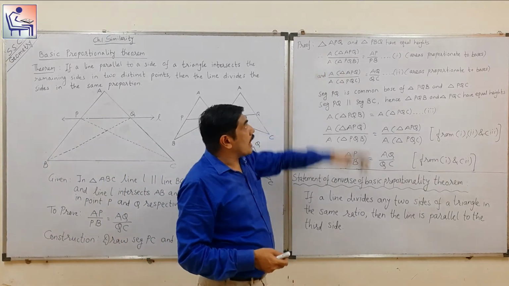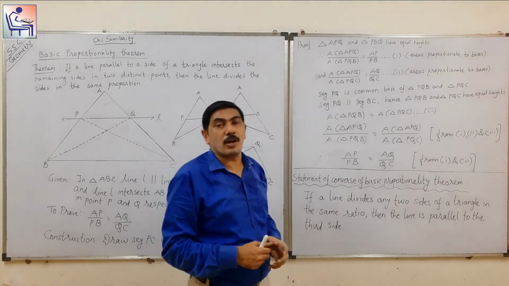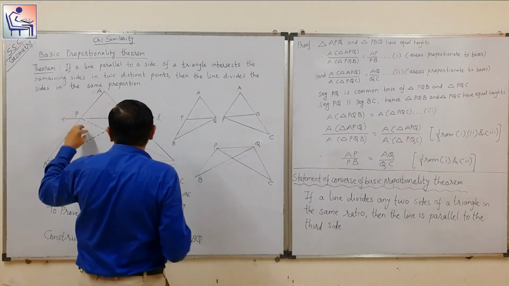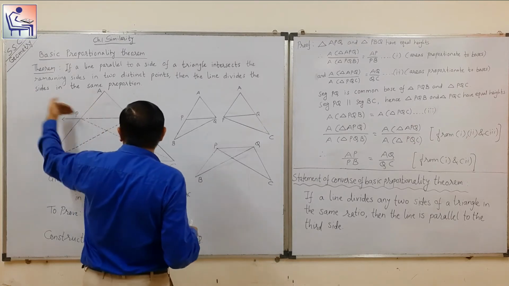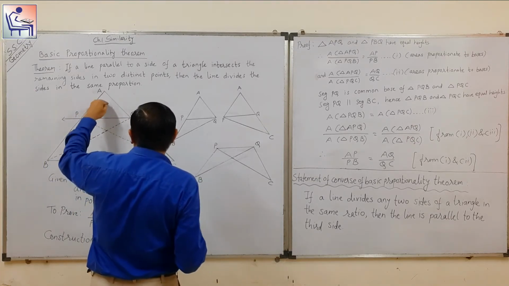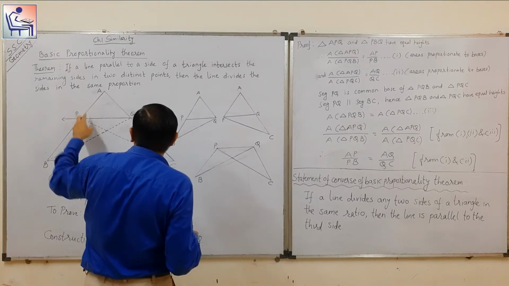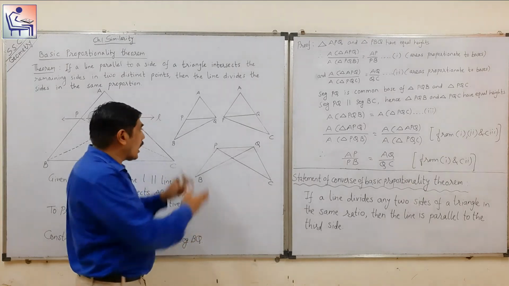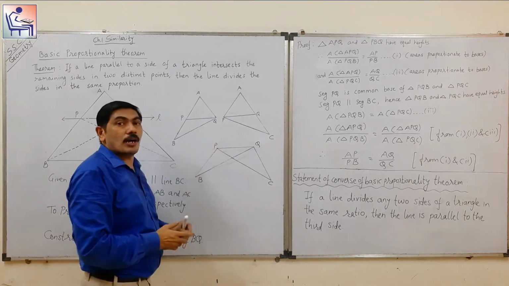Triangle APQ and triangle PBQ have equal heights. If you see from here, you will understand that PQ is the height and these two triangles have a common height, that is PQ. The same part I have taken here for your understanding.